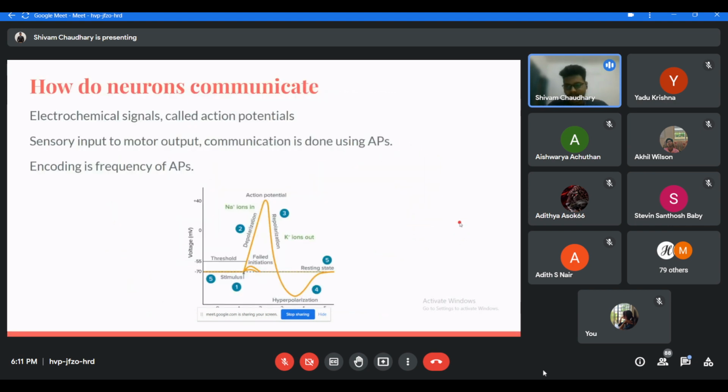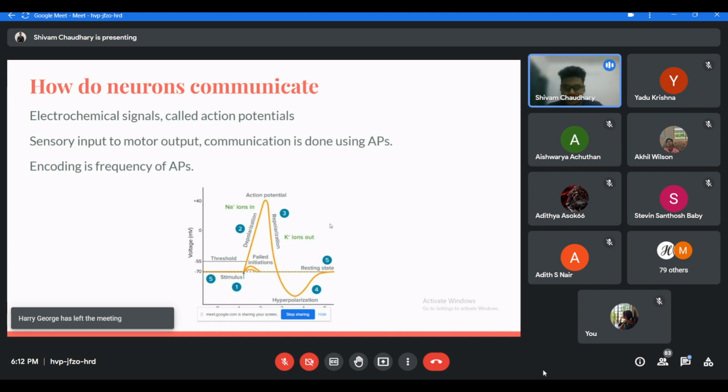So how do neurons communicate? As I mentioned in the previous slide, these are electrochemical signals, called action potentials. This picture shows a typical action potential. It is also called a spike. The sensory input from our sensory receptors, be it the ears, the eyes, or touch or heat sensors, sends information to the brain via neurons using action potentials.